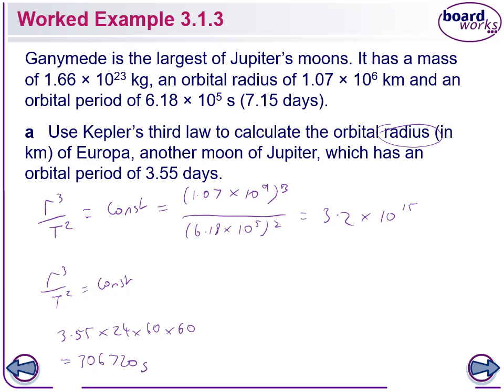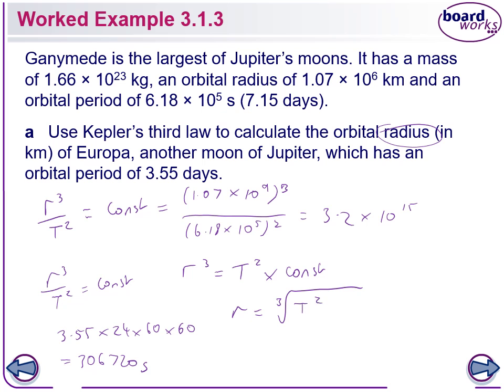Okay, that's our period. So if we want to find r, we need to rearrange our equation a little bit. r cubed is going to be equal to t squared multiplied by our constant. And so r is going to be equal to the cube root of t squared.